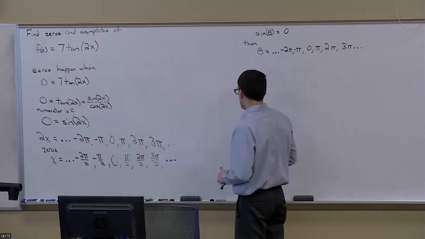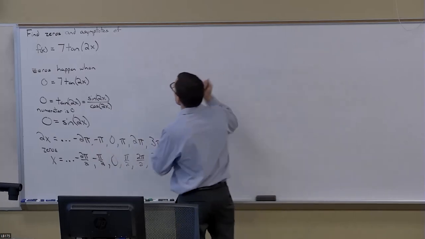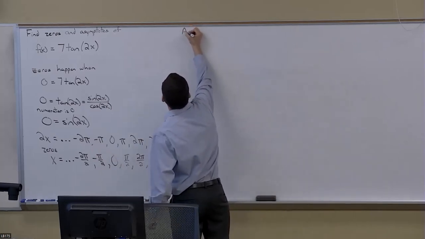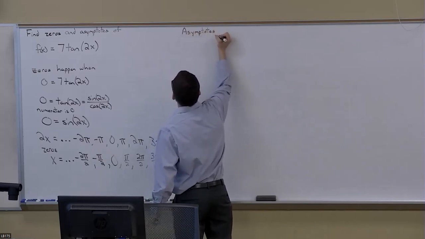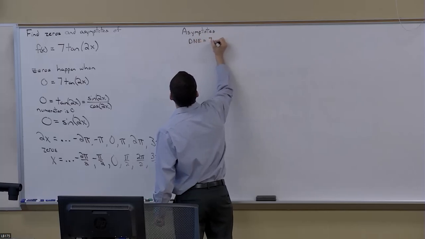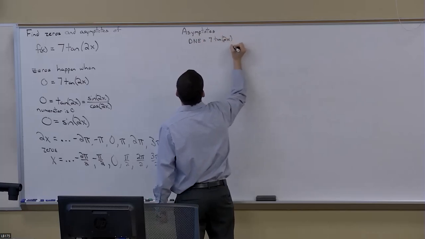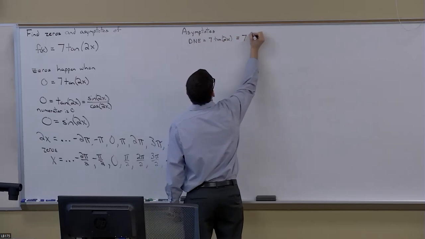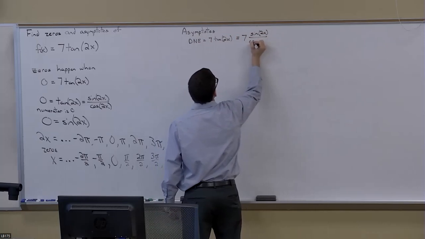Very similar on the asymptotes. On the asymptotes, we say, where does this thing not exist? 7 times tangent of 2x. The 7 up front is not going to matter.